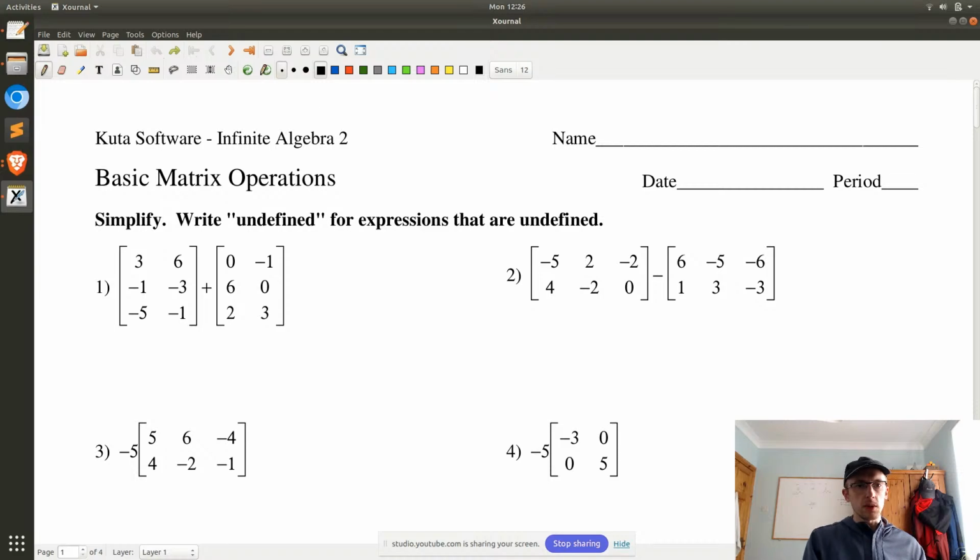basic matrix operations. And here, to begin with, I am to add this 3 by 2 matrix to this other 3 by 2 matrix. And the way that we add matrices is component-wise.